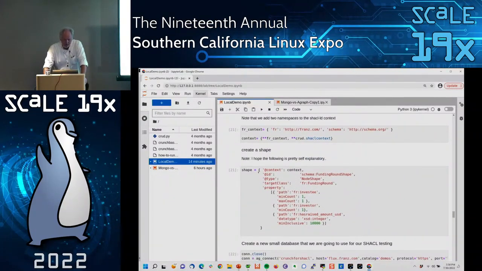Here is a SHACL JSON-LD expression, which basically validates a funding round, right? So we use JSON-LD to validate JSON-LD, to answer the lispiness of this. We say that the ID of this SHACL shape is a funding round shape, the type is a node shape, and the class that we're trying to validate with this shape is a funding round that I just showed you.